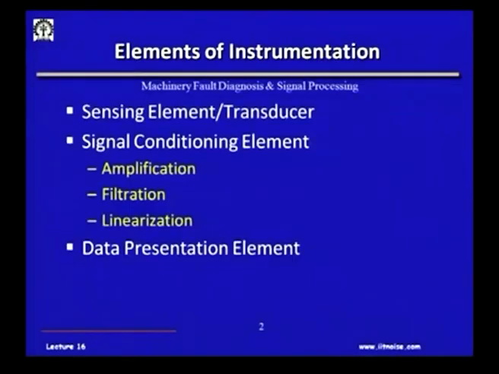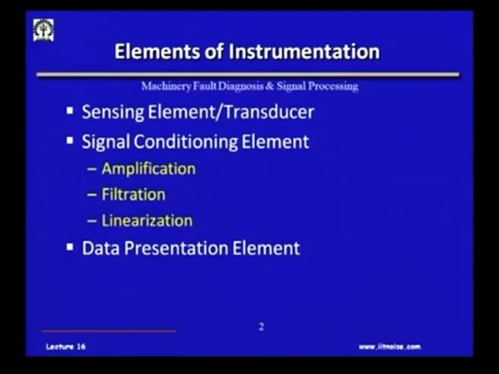That is the present state of the art. So, essentially all this which we have discussed so far are the elements of instrumentation, and to summarize, the three elements of instrumentation are the sensing element, then the signal conditioning, the intermediate equipment or analysis unit, and then the data presentation element.